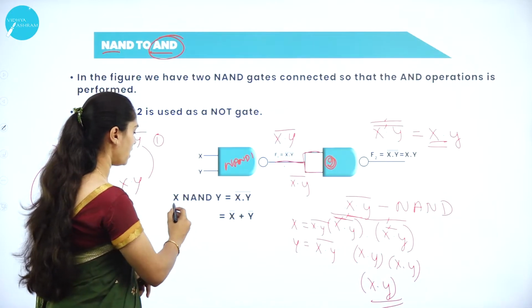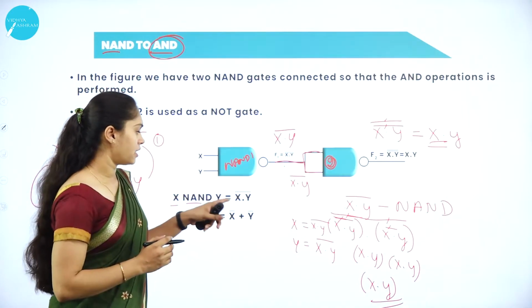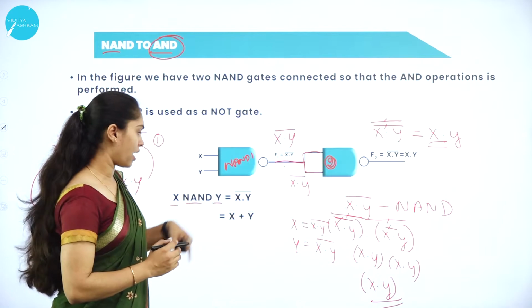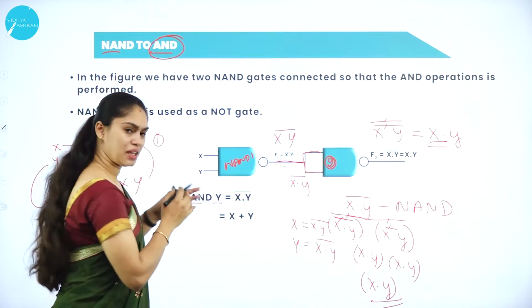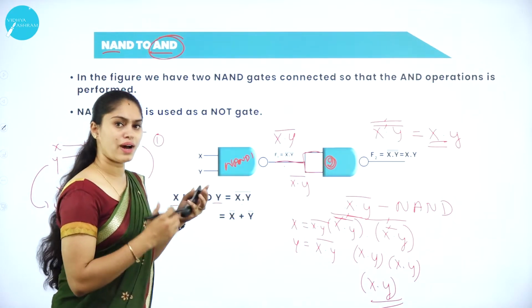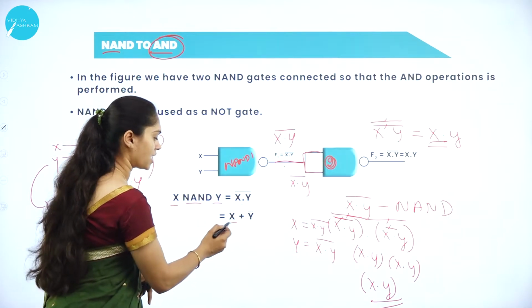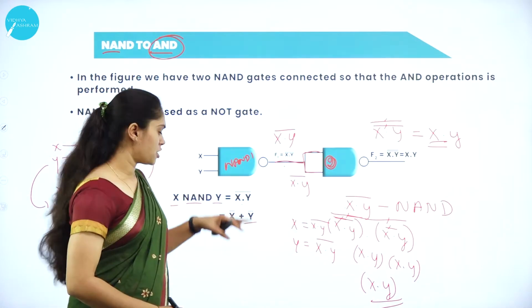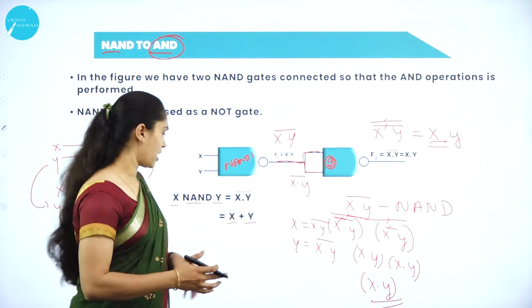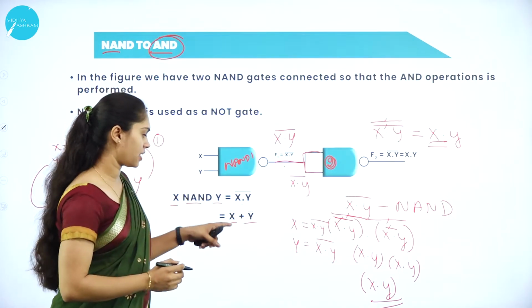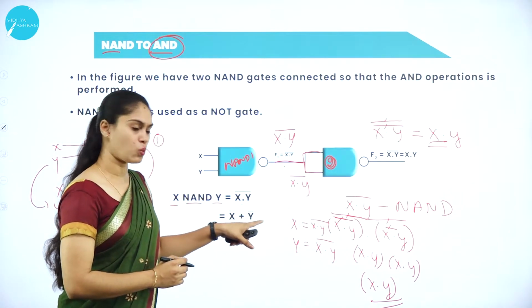Here you can see that x NAND y is (x dot y) whole bar. Based on De Morgan's law, (x dot y) whole bar is also equal to x bar plus y bar. So x NAND y is nothing but x bar plus y bar.